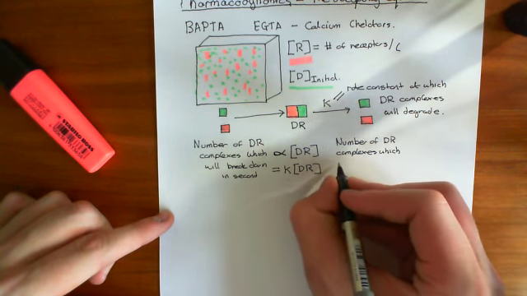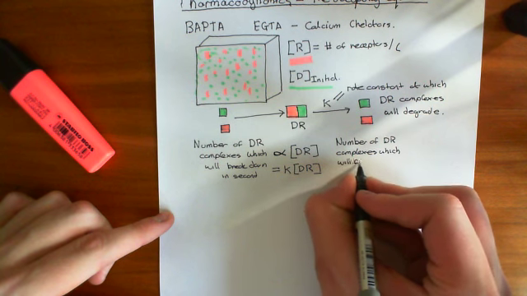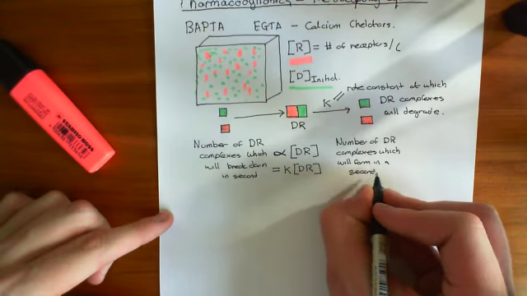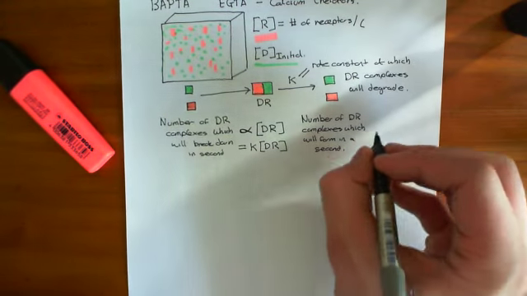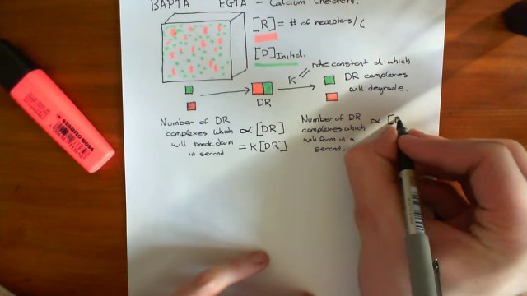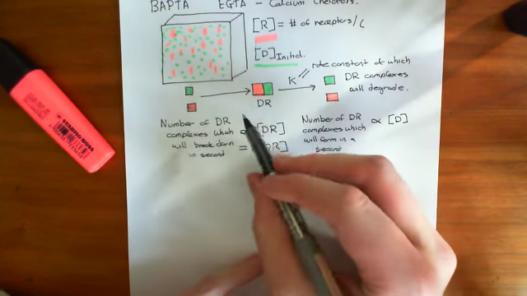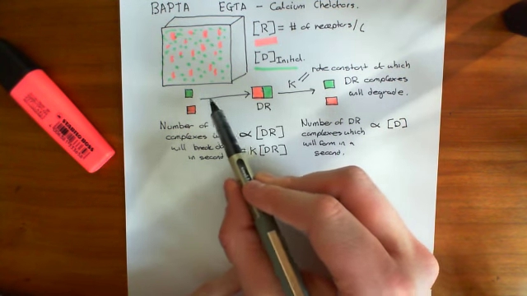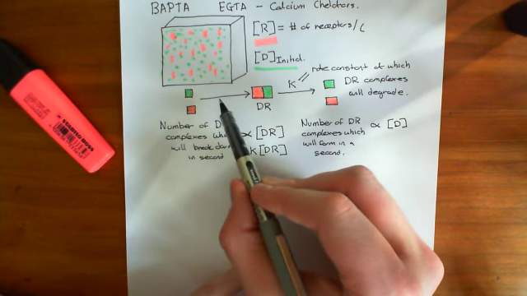So how would we work that out? Well, basically, this is going to have to be proportional, firstly, to the concentration of the drug, because if I double the concentration of the drug, I would expect the number of drug receptor complexes that I'm forming every second to double.